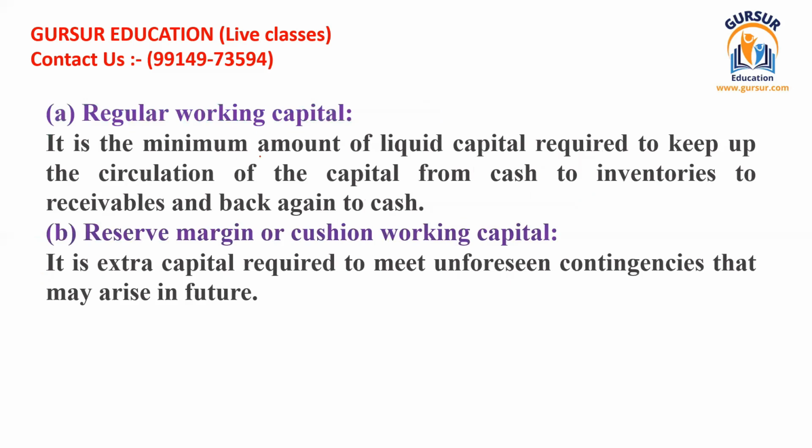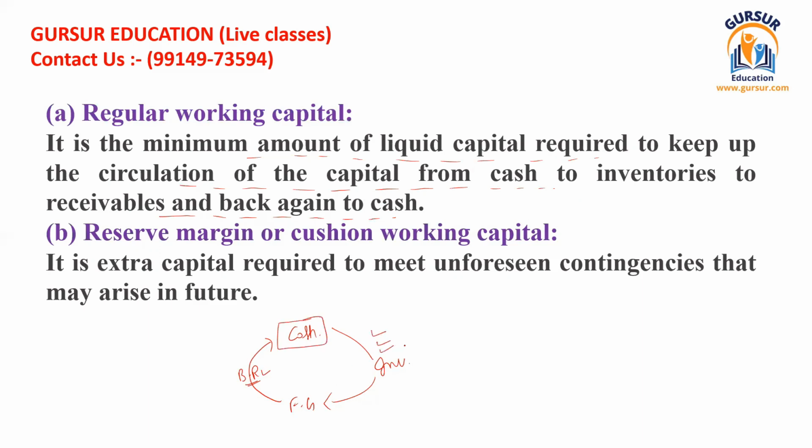Regular working capital is that amount of liquid capital required to keep the circulation of capital going from cash to inventories and receivables and back again to cash. You know that first of all you have the cash, and after that you purchase inventories from that. After that you make the finished goods, and these are sold, and then bills receivable or sundry debtors are there, and when they pay you, you get cash. So this is the complete circulation of how the cash is generated.